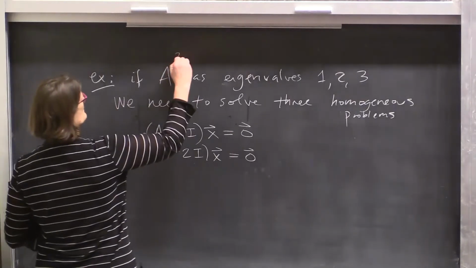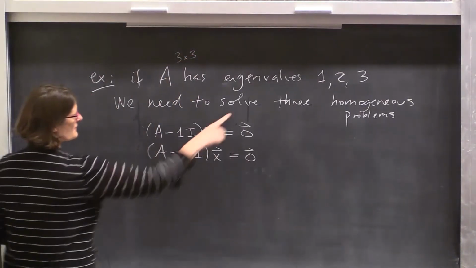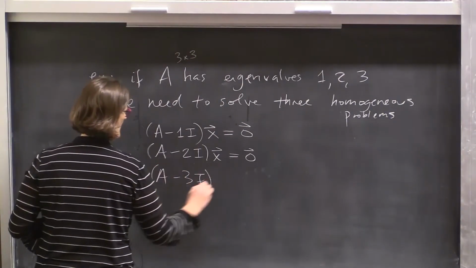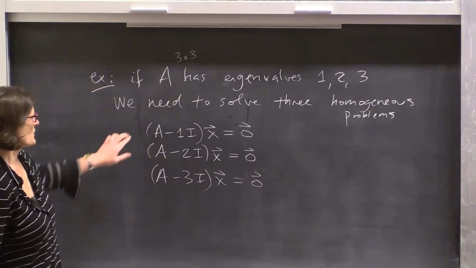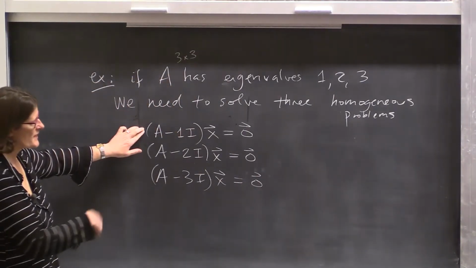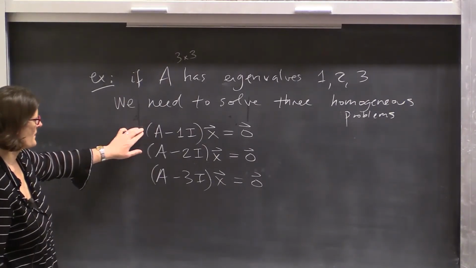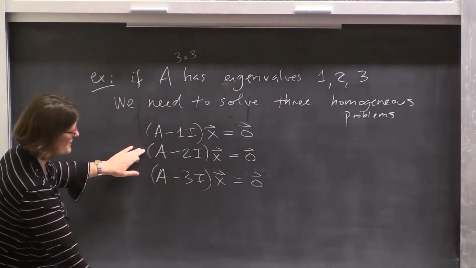So let's say A is 3 by 3. And for the third one, we have to solve this problem. So here we write down the augmented matrix. We carry it to reduced row echelon form. That gives us one eigenvector. Here we write down the augmented matrix. We carry it to reduced row echelon form.